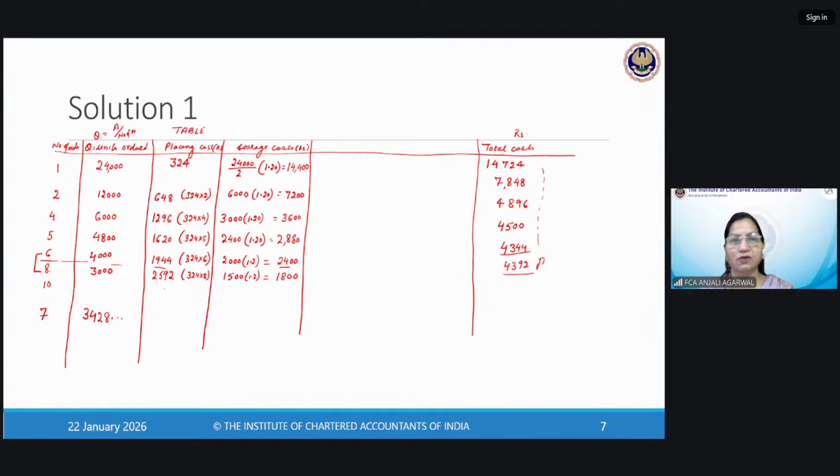Yeah, and practically also this truly happens. So firstly, two questions have been posed here. Number one, why are we dividing the storage cost by 2? If I have ordered 10,000 units to consume, I am not going to hold it throughout the period with me. What is the purpose of ordering units if you are not going to consume?